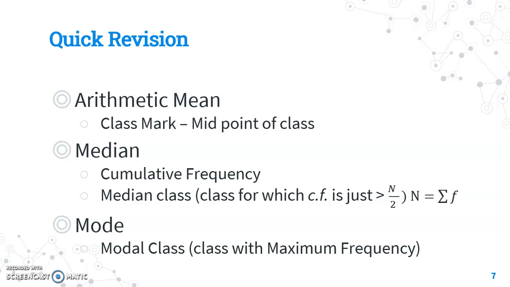As the median divides the data into two equal parts, we locate the cumulative frequency value which is just greater than n by 2. Understand, n here is the summation of f. For the mode, we need to locate the modal class. The modal class is the class with maximum frequency.